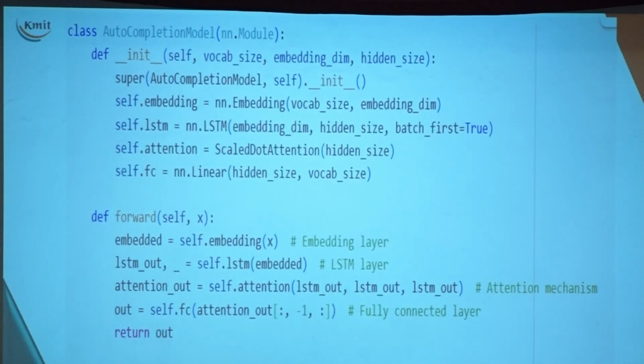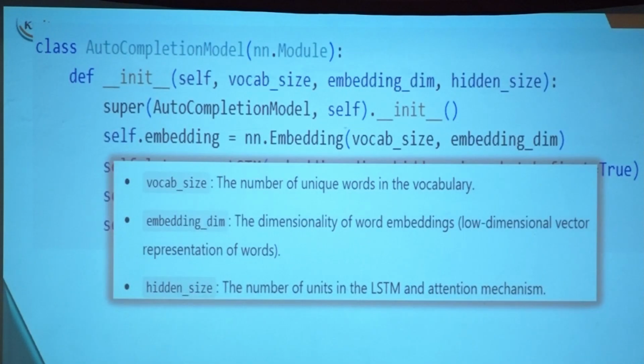So here I am defining a class called auto completion model, wherein you can see the init function taking the following parameters. What are they? Size of your vocabulary, that means the number of tokens that you have come across throughout your data.